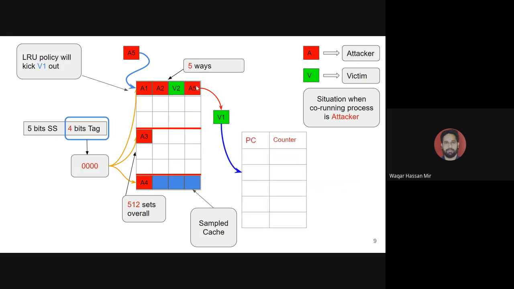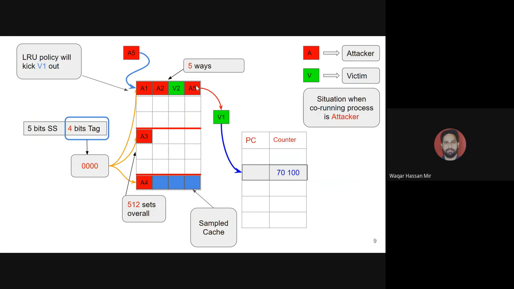As something is evicted from the sampled cache, the logic says we have given it enough time and there was no access to this block, which means we might be going in the wrong direction. So corresponding to the program counter which brought this block, it decrements the counter, giving it a bad, lower value.